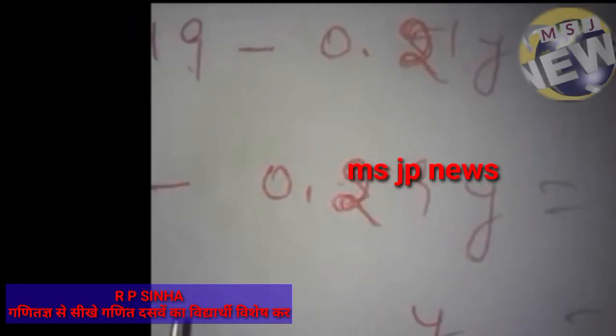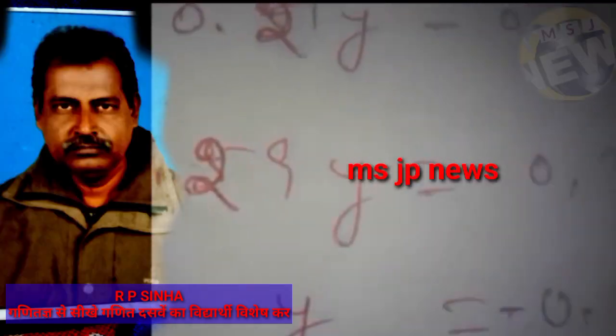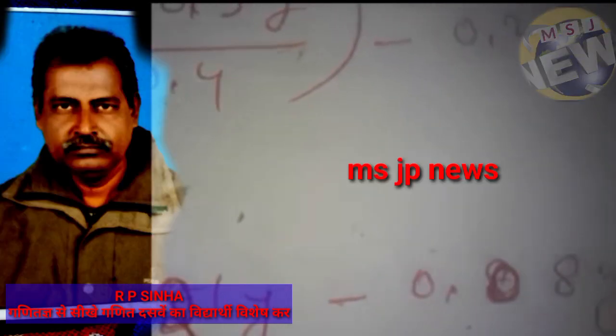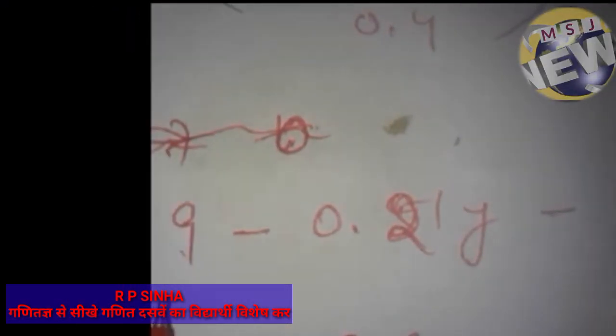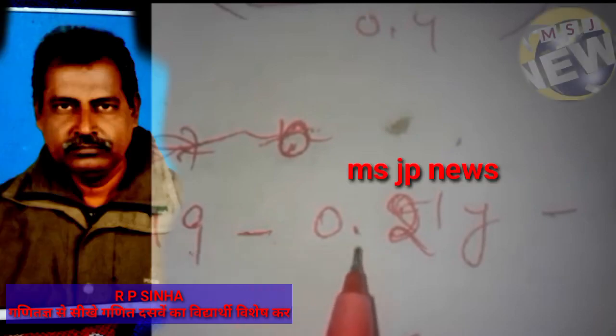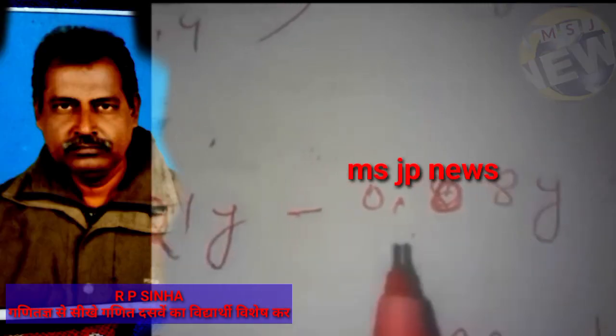Here minus 0.29y has been obtained by adding minus 0.21y and minus 0.08y.